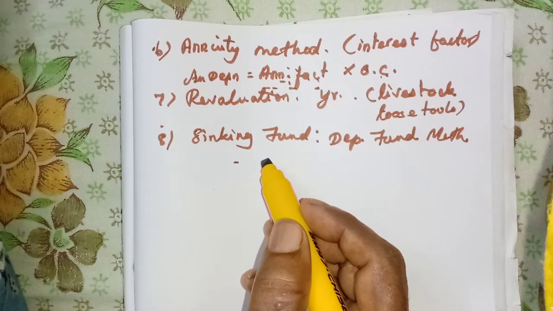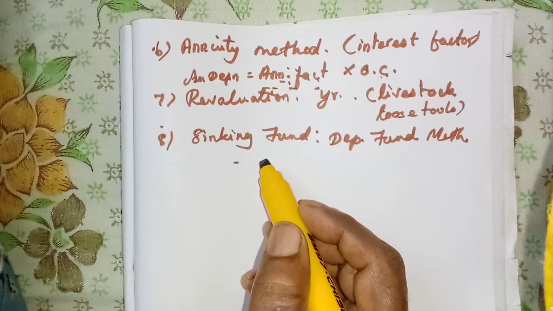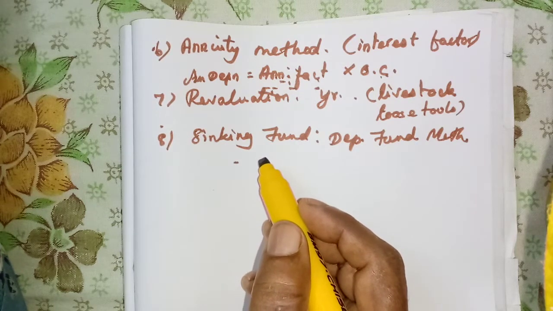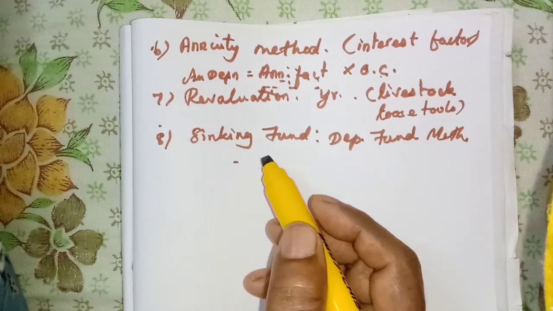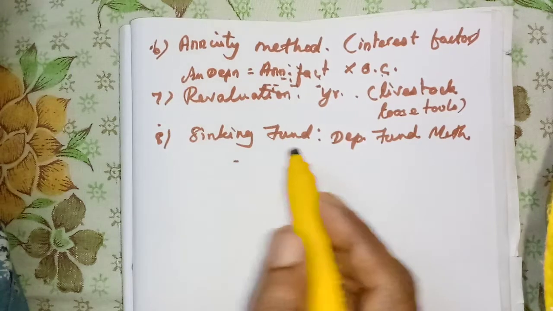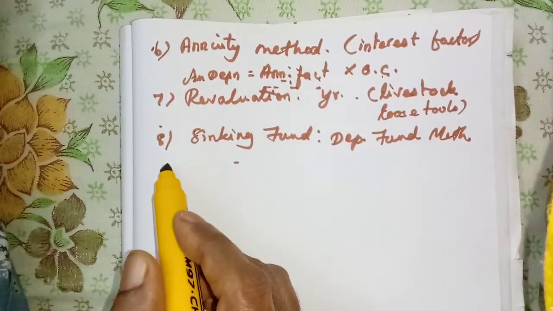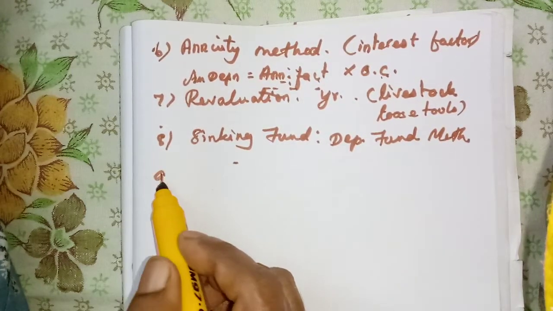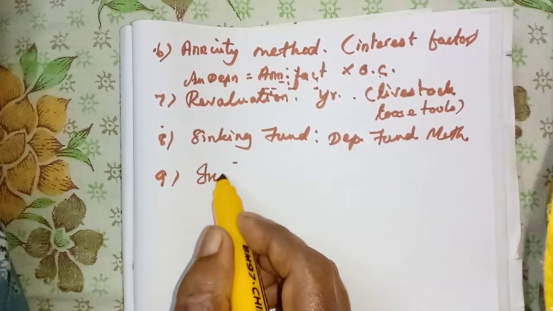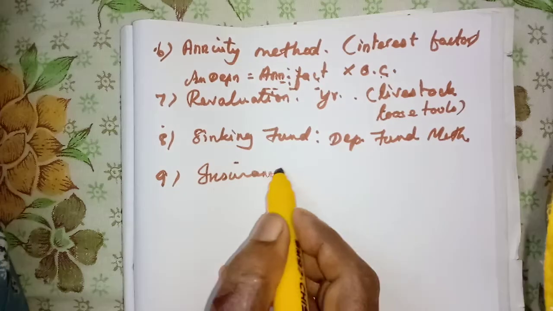Here from the investment they may also receive some amount as interest. That interest, along with the next year's depreciation amount, they will invest in the same asset. So they will get a considerably large amount for replacing the present asset. That is called the sinking fund method. In the same way, another method is the insurance policy method.